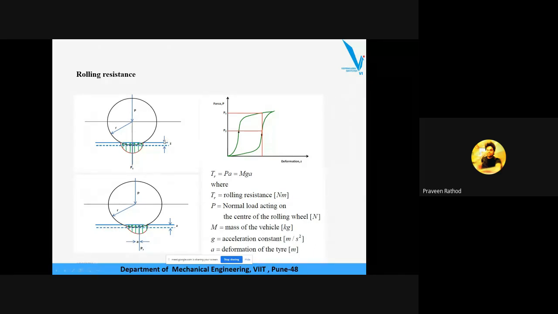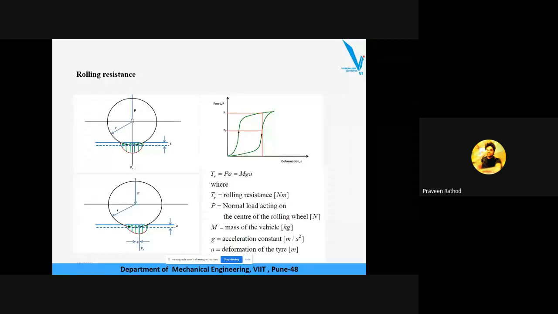In this particular figure, the tire is at a standstill. Okay, meaning the tire is not rolling, it is standing in one place. On this tire, force P is acting at the center.